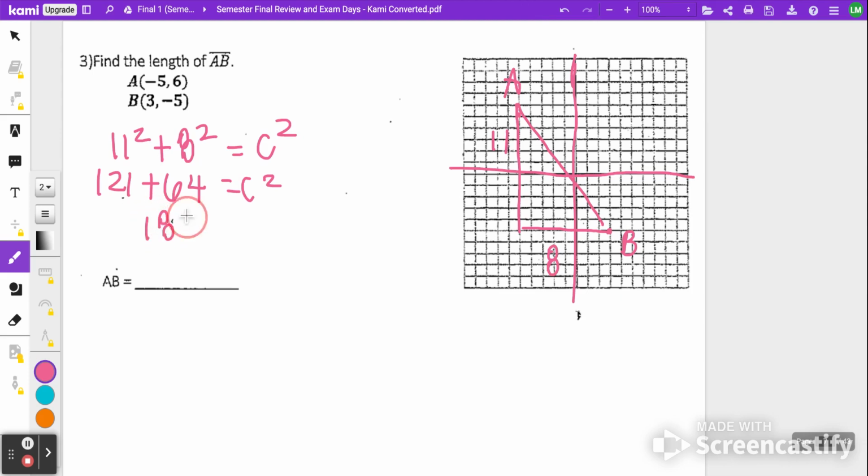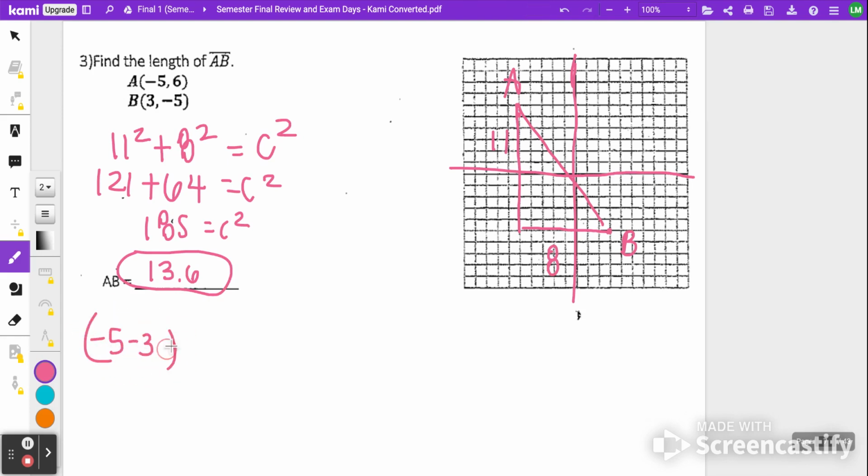Excuse me, we're going to get 185 is equal to C squared. So you're just taking that square root. And that's going to give us about 13.6, give or take.